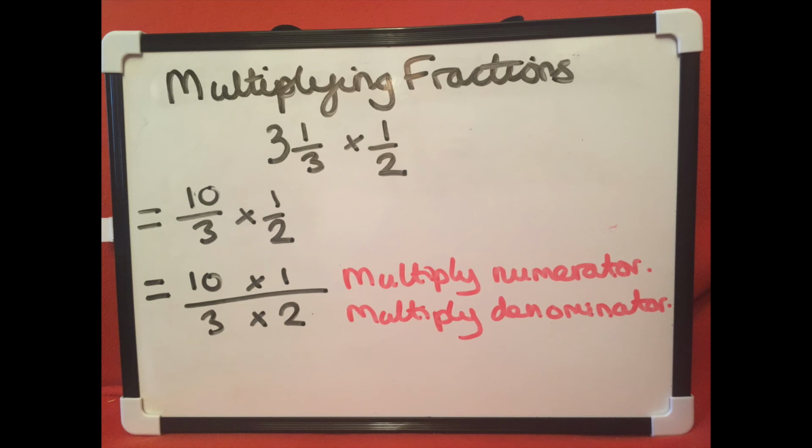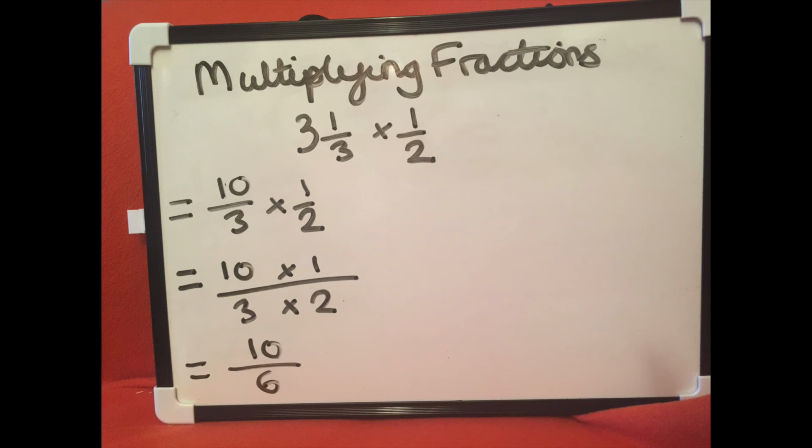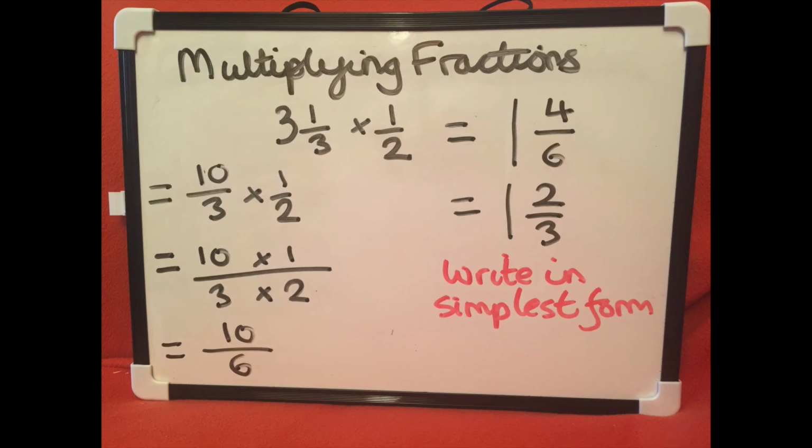Nice and simple. We get 10/6, so of course we're going to have to simplify this fraction again. We convert to 1 4/6 and then have to simplify again to make it 1 2/3, because that is the simplest form of this fraction.